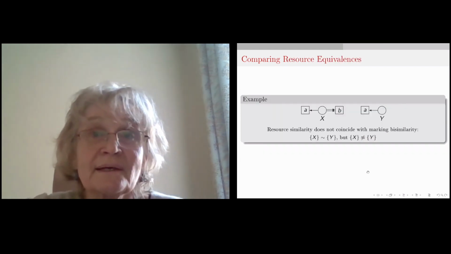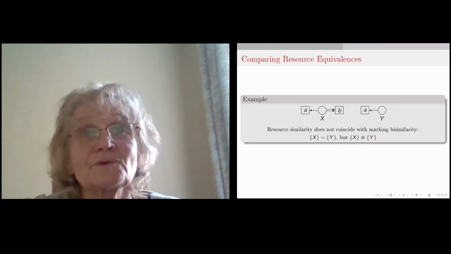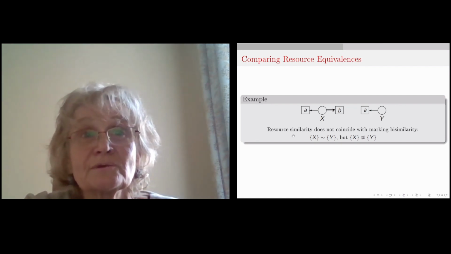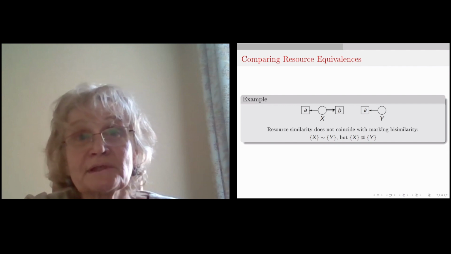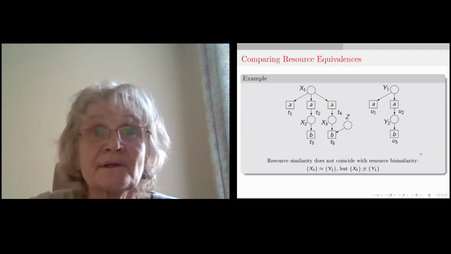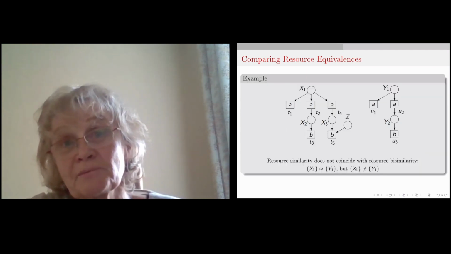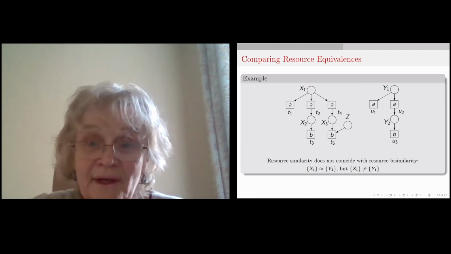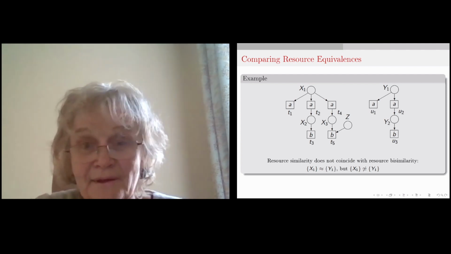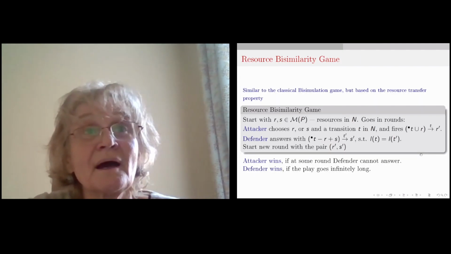So there are examples showing that. This is an example showing that resource similarity doesn't coincide with marking bisimilarity, and another example which distinguishes resource similarity and resource bisimilarity. I'm afraid I do not have time to explain details, so you just believe me.